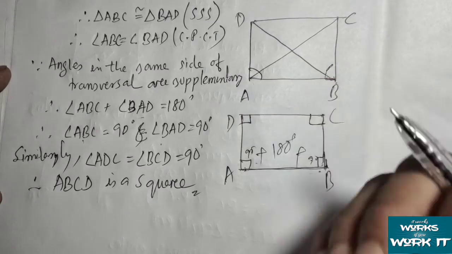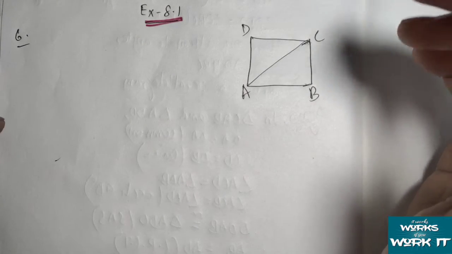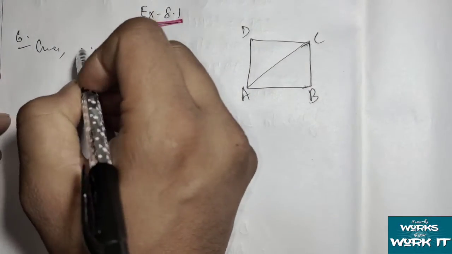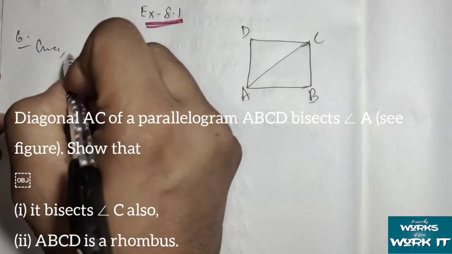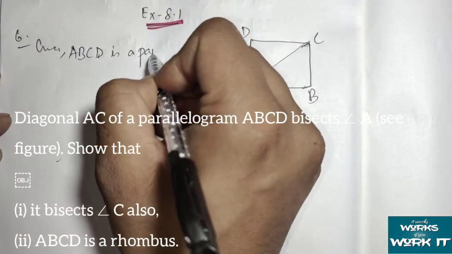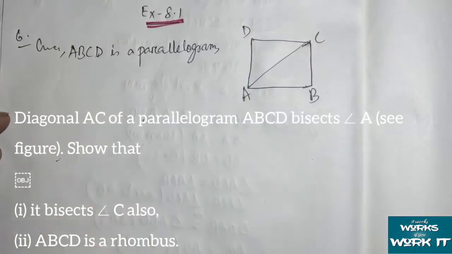Okay students, now we will be doing question number 6 of exercise 8.1. You can see the question on the screen of the video. ABCD is a parallelogram.